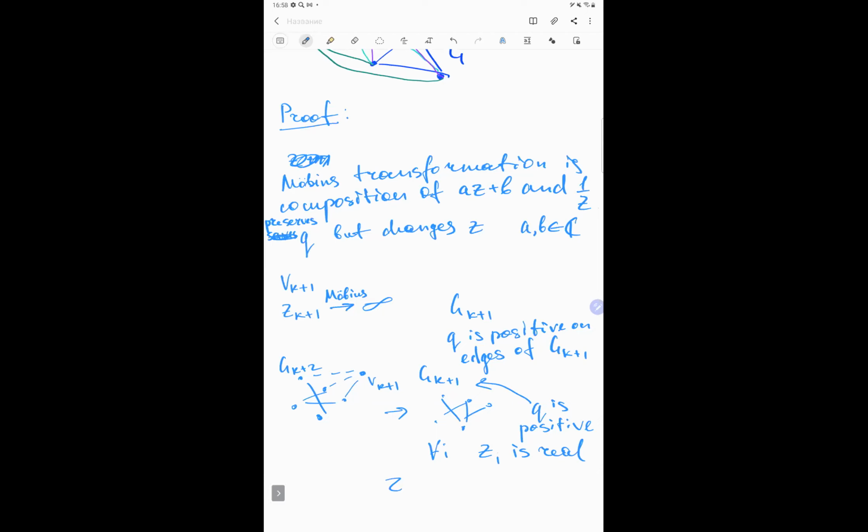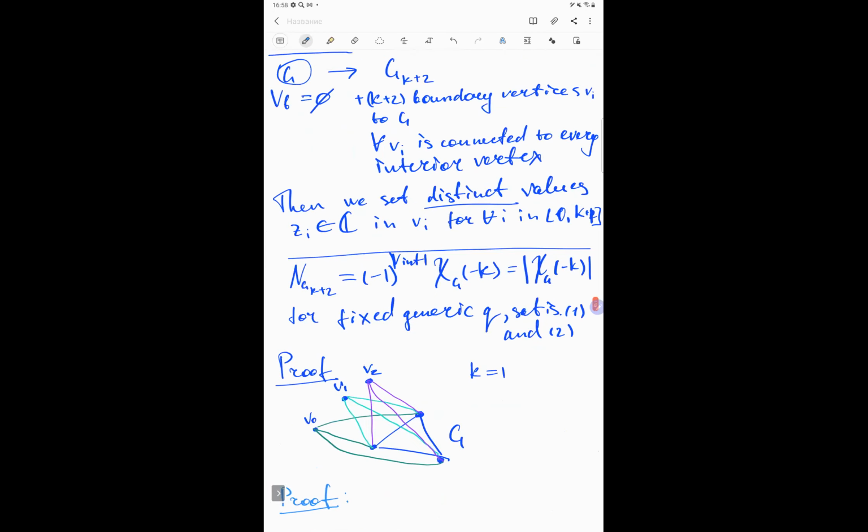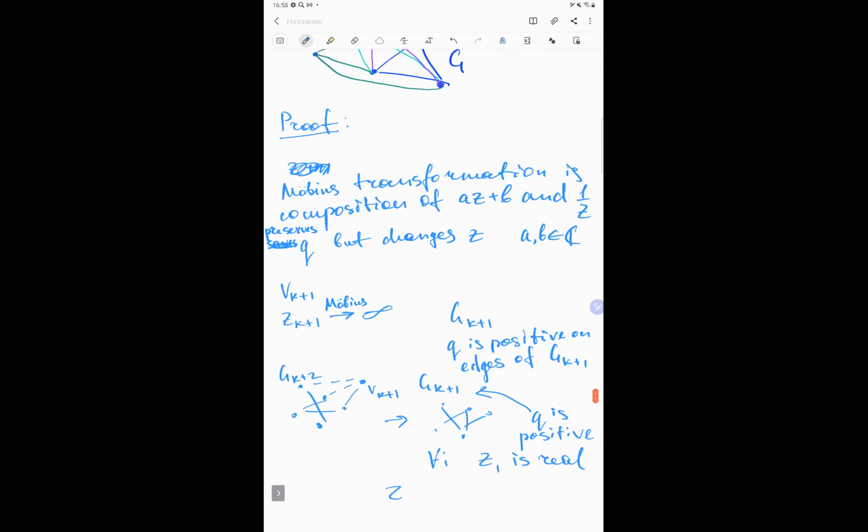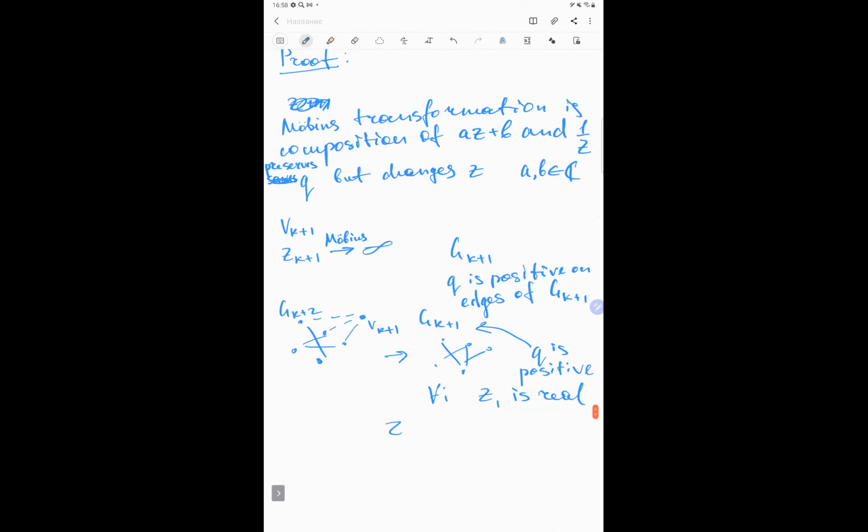We just wanted to get the graph with Q positive on the edges, because in the statement of the theorem, Q was arbitrary, and we want to use the theorem of compatible orientations, where we assume that Q is positive.